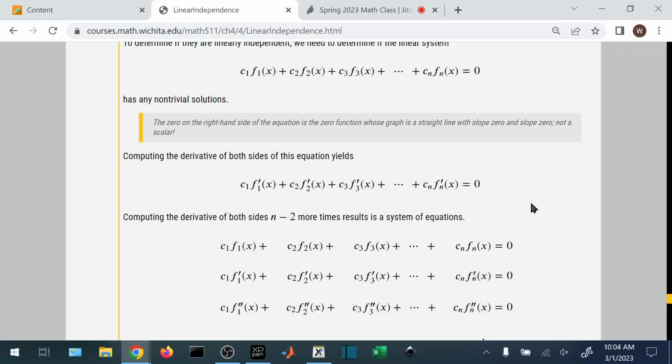Isn't the derivative of the sum the sum of the derivatives? And the derivative of c1 times f1 is c1 times f1 prime? And isn't the derivative of 0, 0? That 0 on the right-hand side is not the number 0. It's the function 0 whose graph is the horizontal line with slope 0 and y-intercept 0.